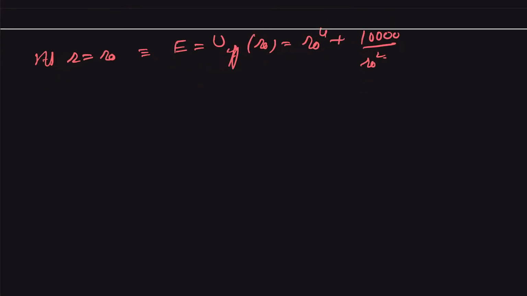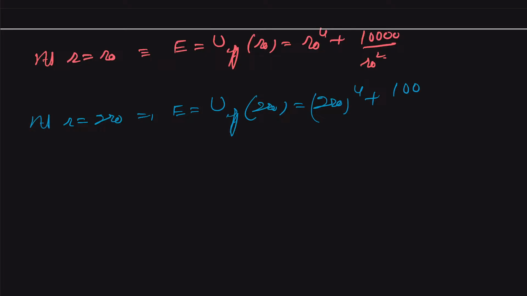And similarly, at R equal to twice R0, our energy is equal to U effective of twice R0, giving us twice R0 whole raised to power 4 plus 10,000 divided by twice R0 whole squared.